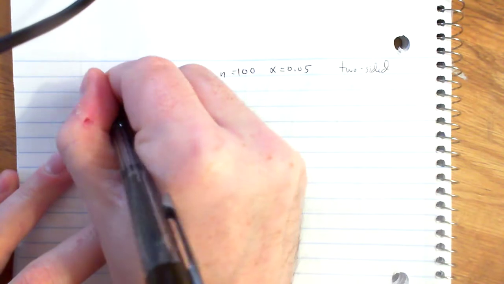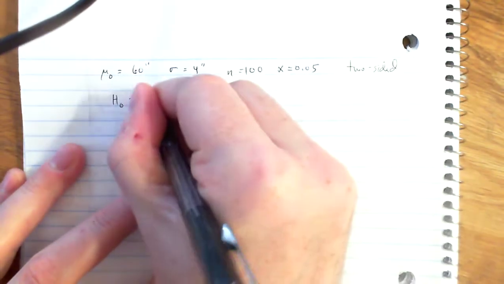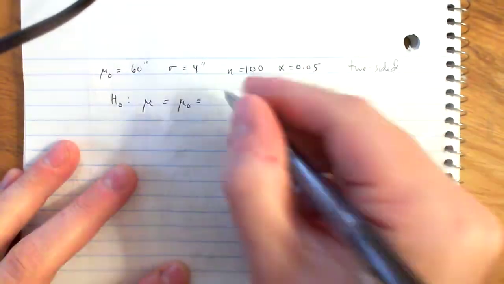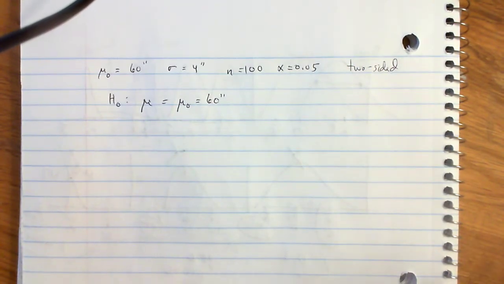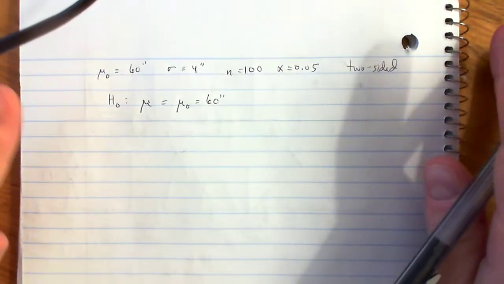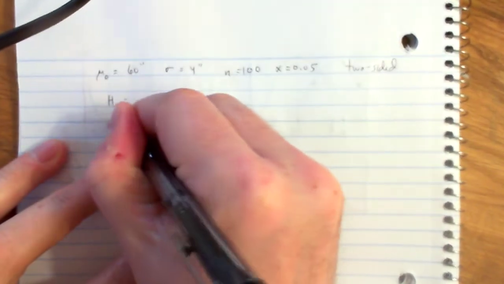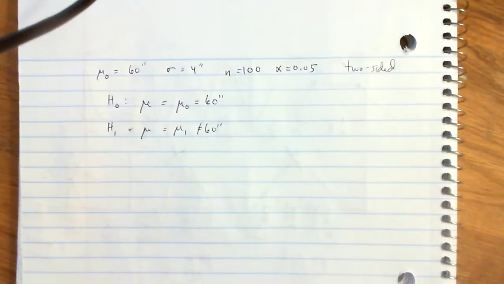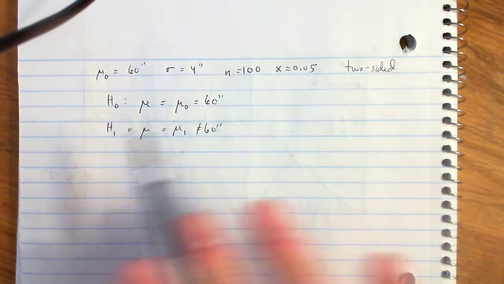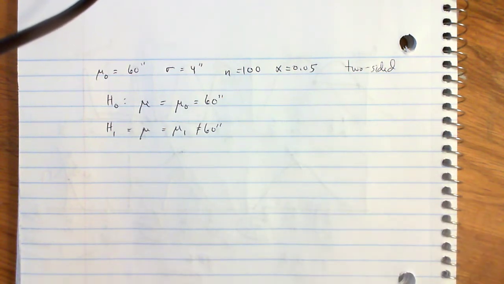So that means H0 says the height of graduate students, mu, is equal to mu0, the value 60. Now, when you do your hypothesis testing, you write H1 and you say mu is equal to mu1, which is not 60. And then we go ahead with calculating p-values and so on.